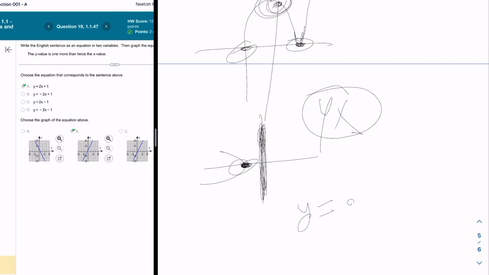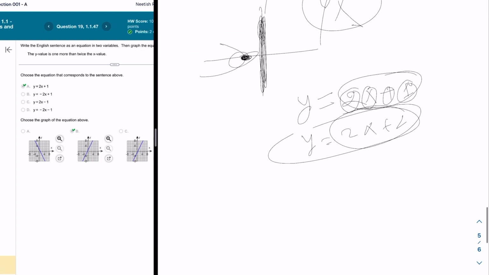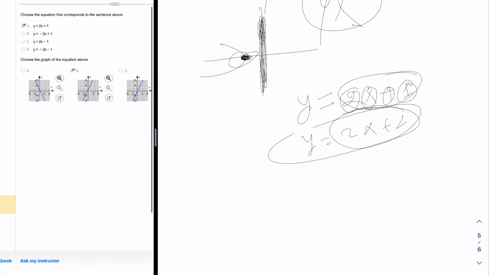Twice means multiply, 2x. So our equation is y equals 2x plus 1. Now we have already done how to plot this linear graph, so I'm not going to teach you anything related to that.